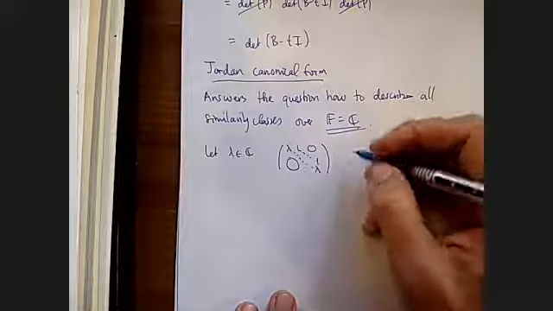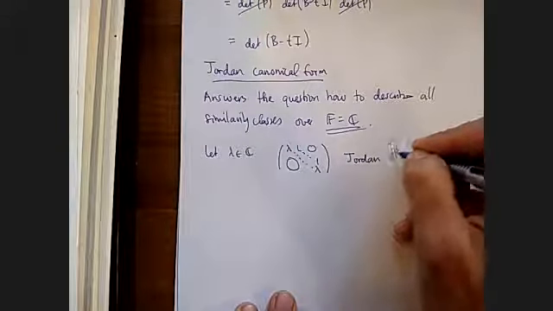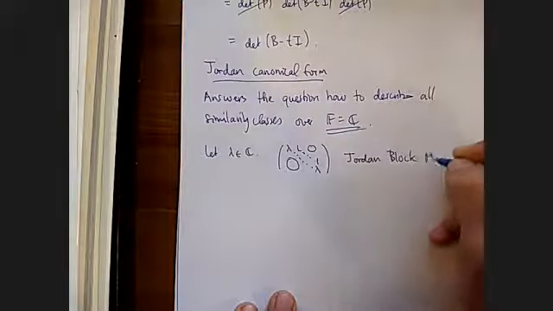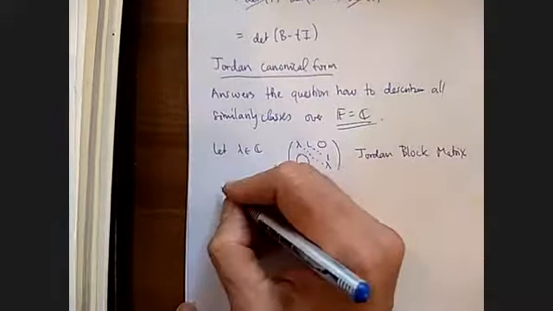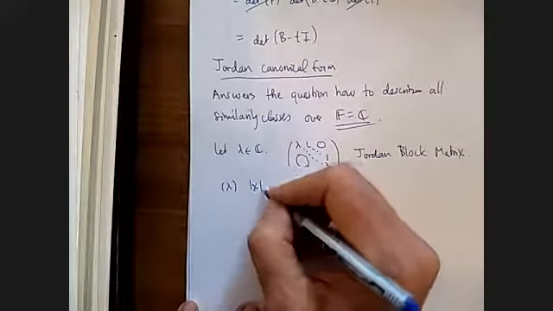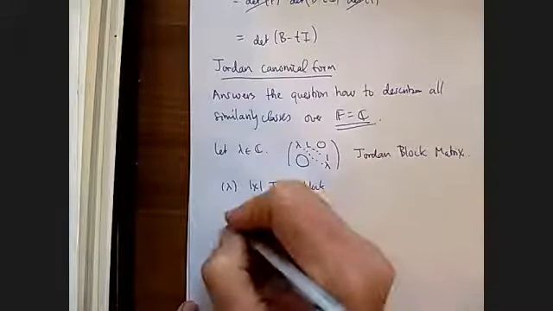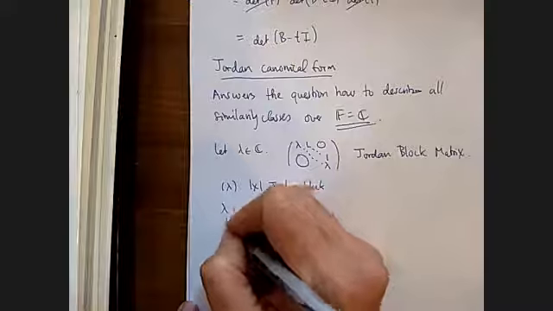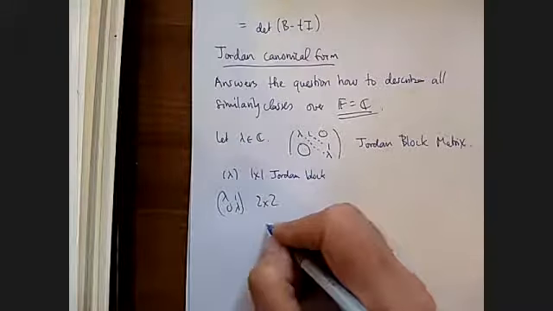So this is a so-called Jordan block matrix. For example, if I just have a 1 by 1 matrix, this is a 1 by 1 Jordan block. A 2 by 2 Jordan block looks like this. A 3 by 3 Jordan block.